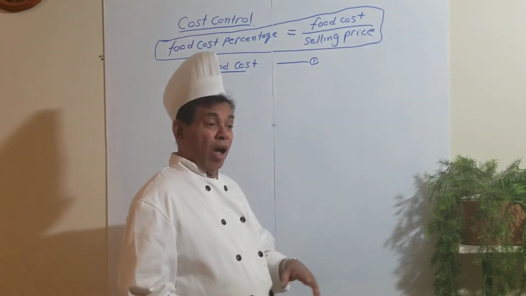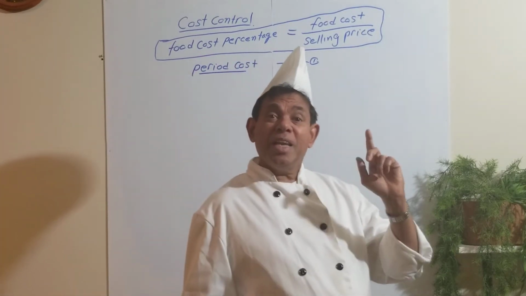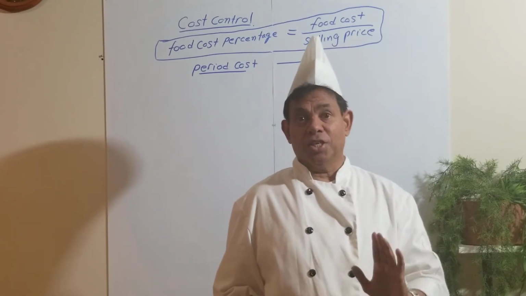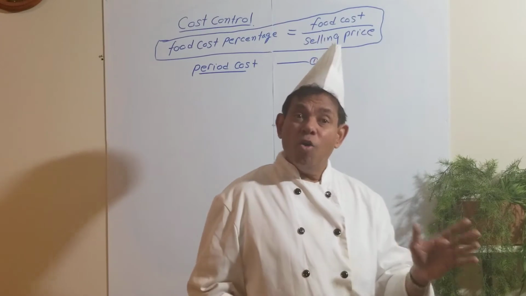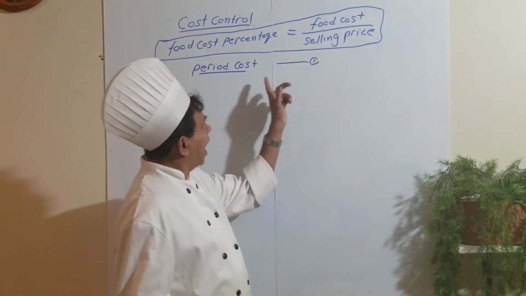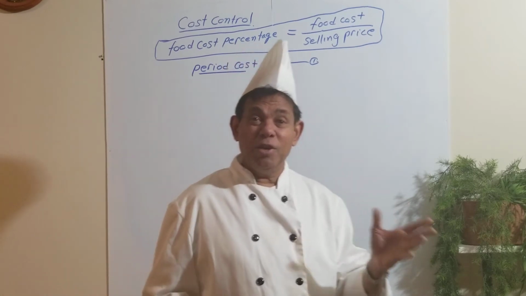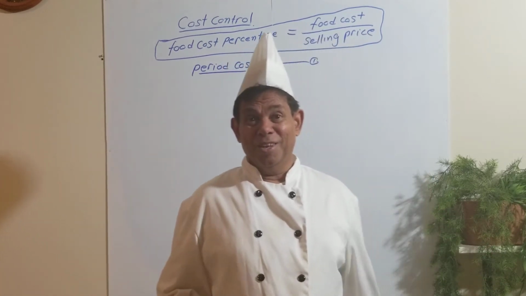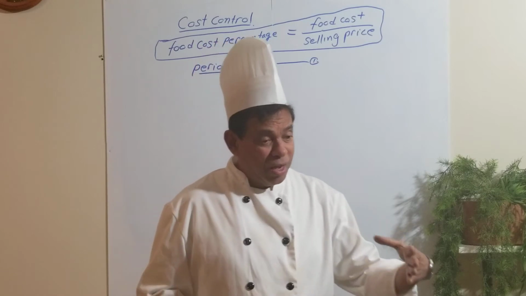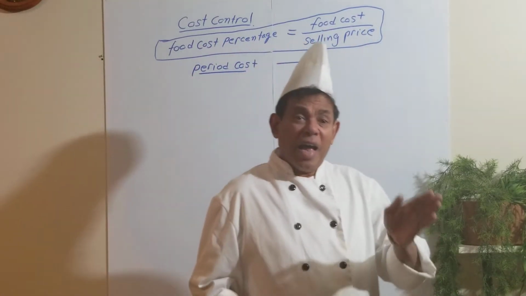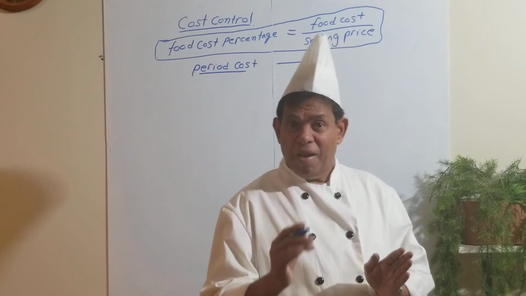So now, how do I calculate my period cost, that means the food cost percentage of the kitchen? To calculate this, I have to go to the inventories. That's why we do inventories every month. So, for example, at the end of the month, I do my inventory.